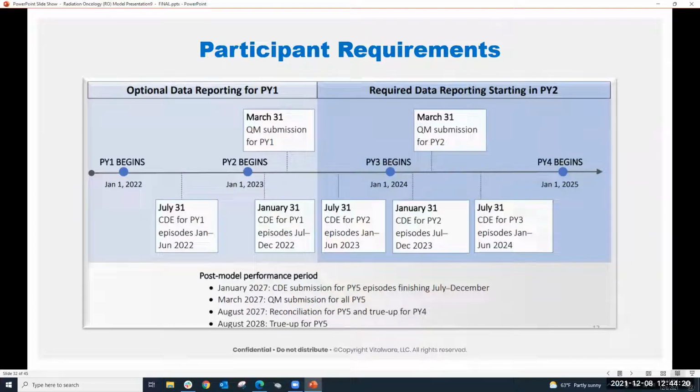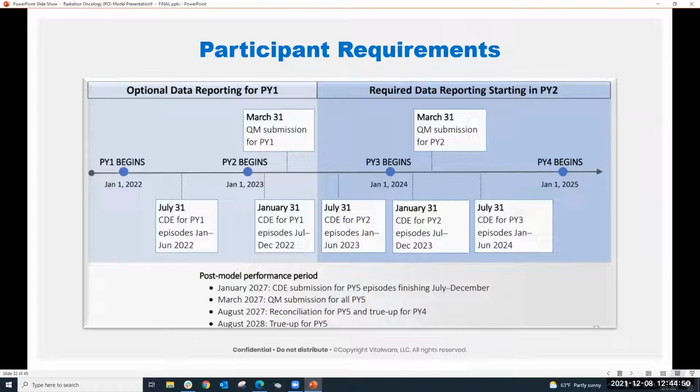So the performance year starts in January 1st, 2022, and it's going to end in December 31st of 2026, the whole model testing. So it's going to be 5 years. One thing to note about the last performance year, no new radiation therapy episodes should begin after October 3rd, 2026.